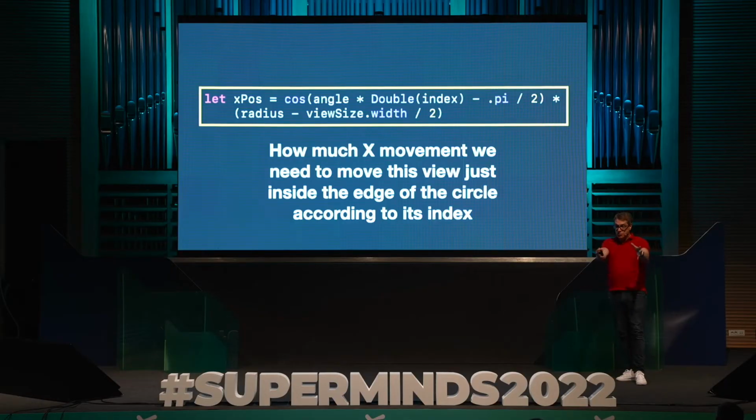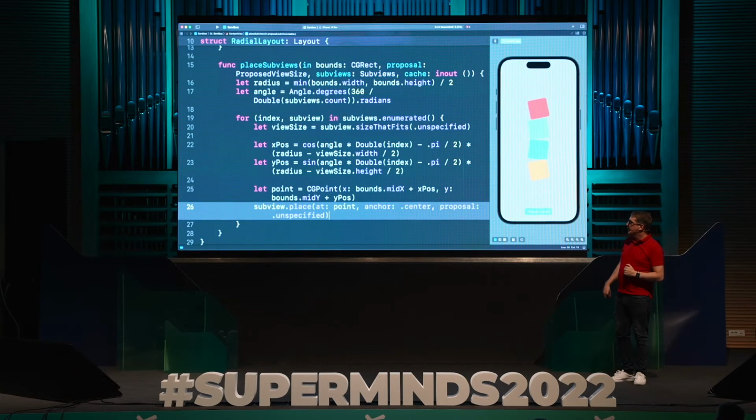We then know how far to move to the outside of the circle. Bring it back in so we're always inside the circle. And finally, how much x to move so this circle appears on the edge of our perimeter, just inside. Okay, that's x and y. And now we can go ahead and make that a CG point and call subview.place.